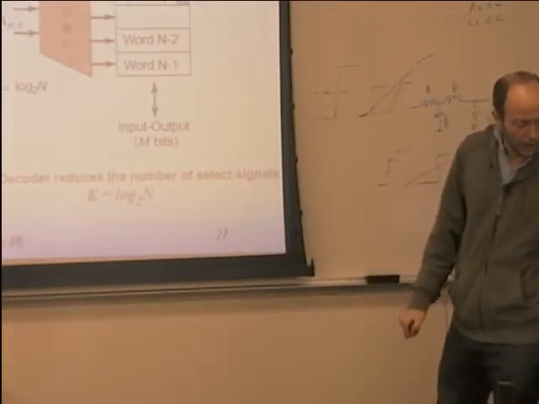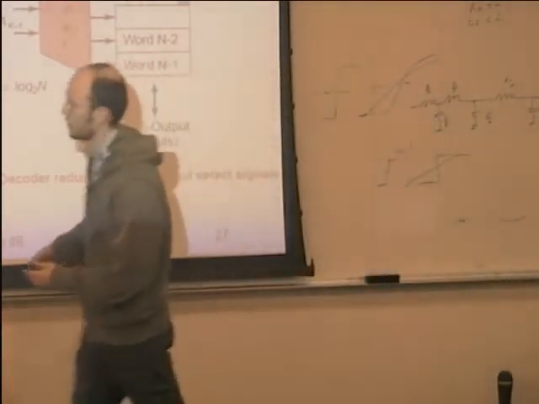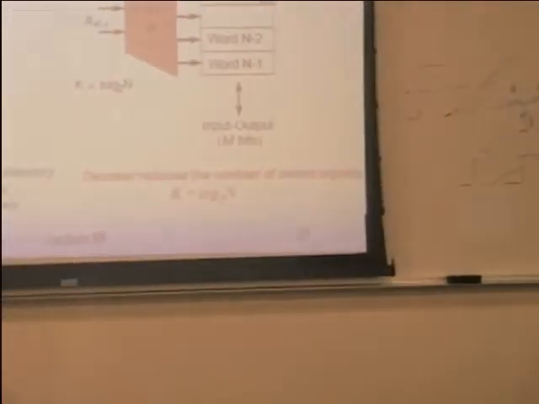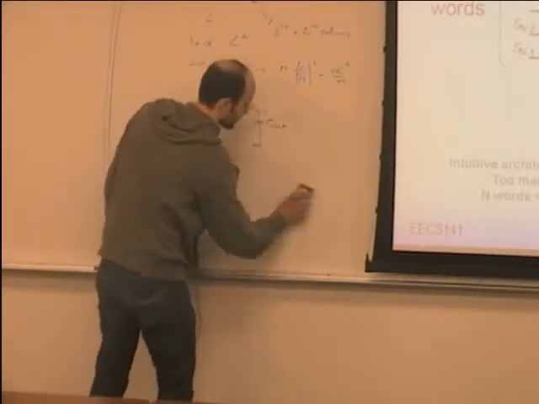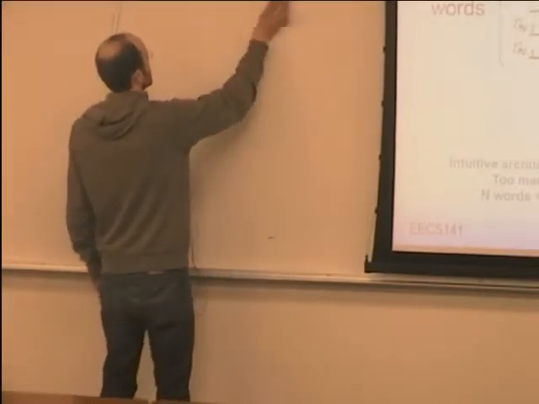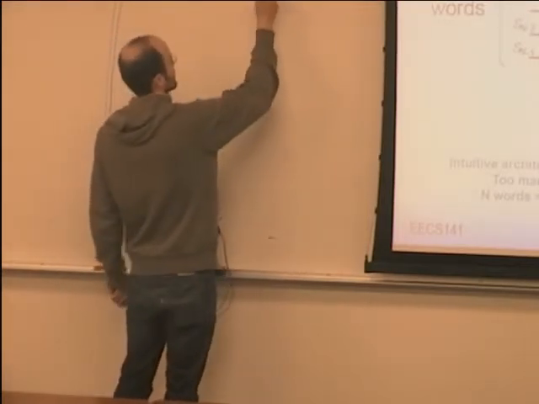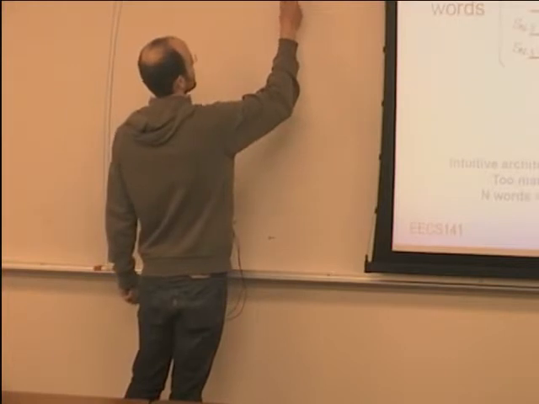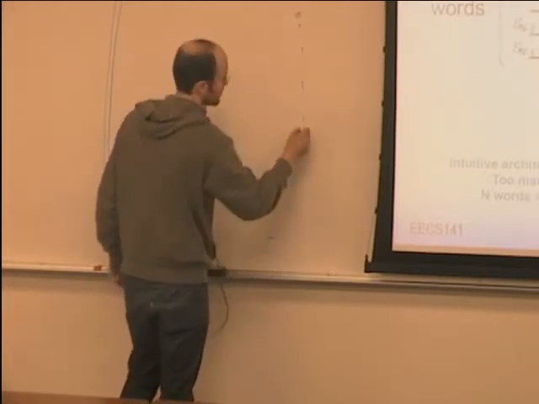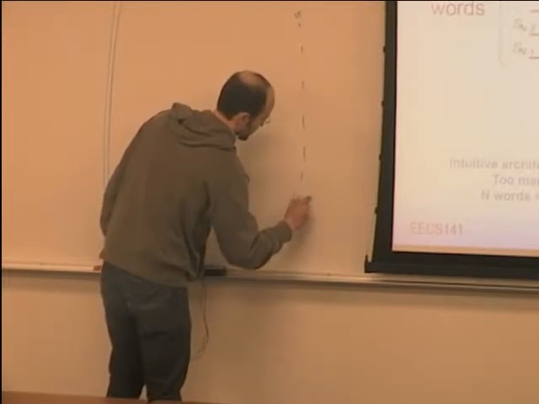Okay. So now how do we do this decoder? This is actually very simple. A decoder is just like this. Let's say I have these 2 to the 10 wires, and I number them 0 to 1,023.